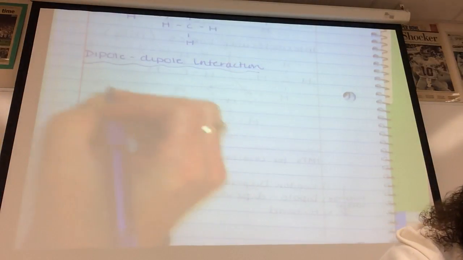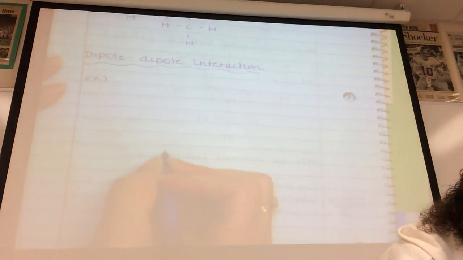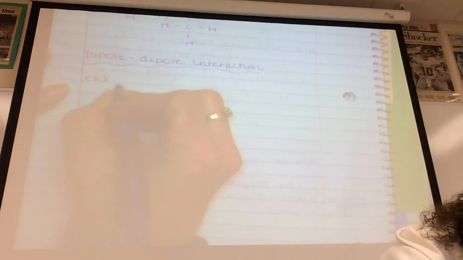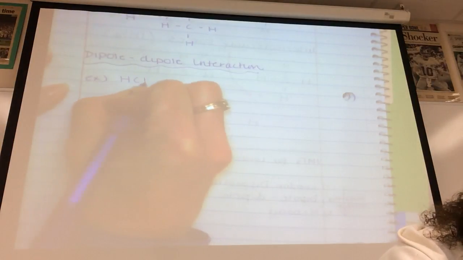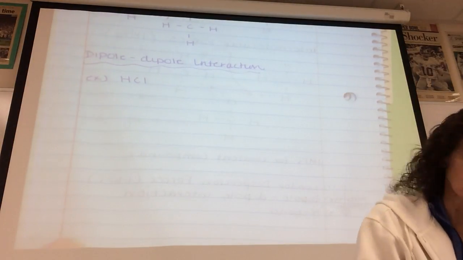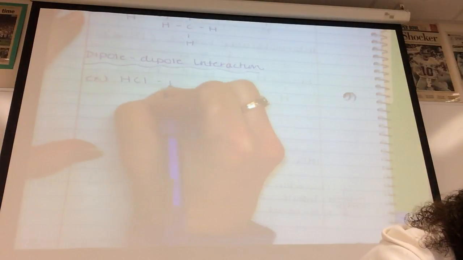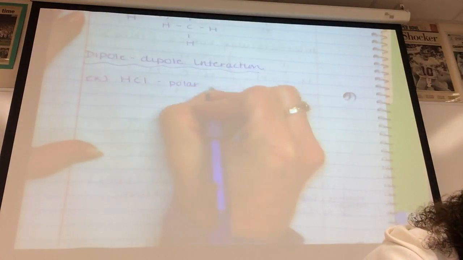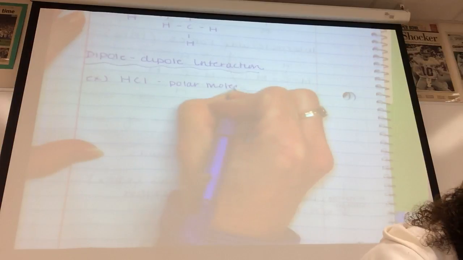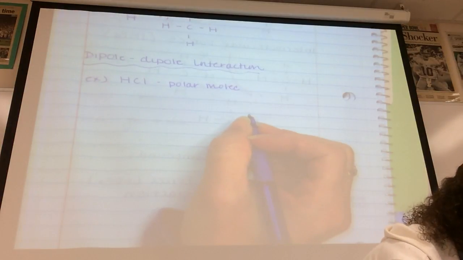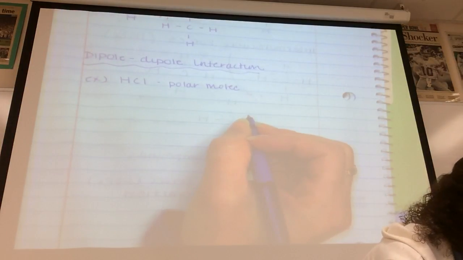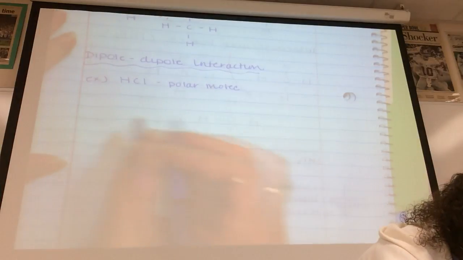For example, let's say that you had hydrogen chloride. Hydrogen chloride is a polar molecule. And polar molecules have LDFs as well, but they also have dipole to dipole interactions.